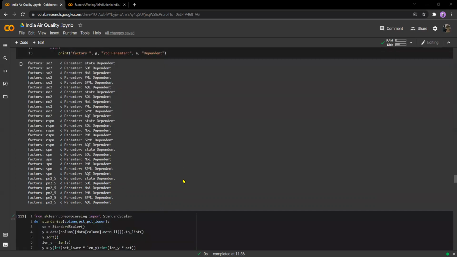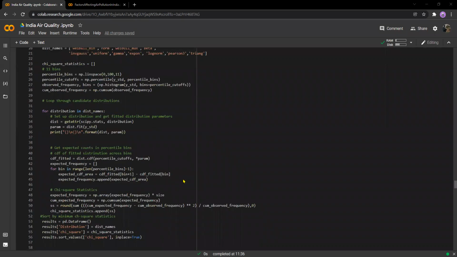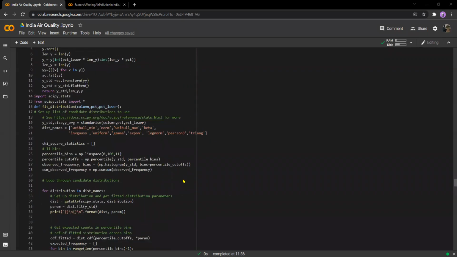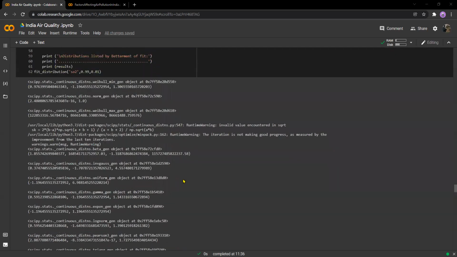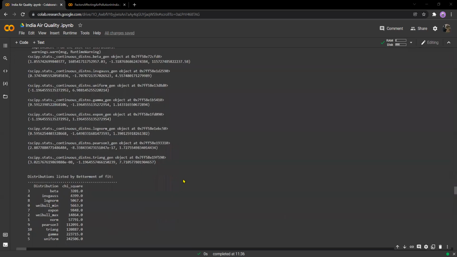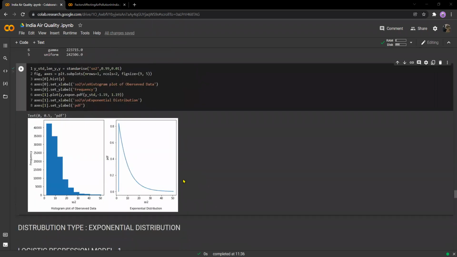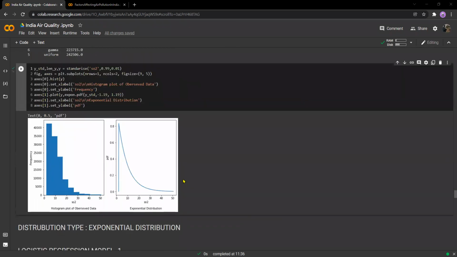So next, based on that, we did a chi-square test. After this, we got the exponential distribution as our distribution.